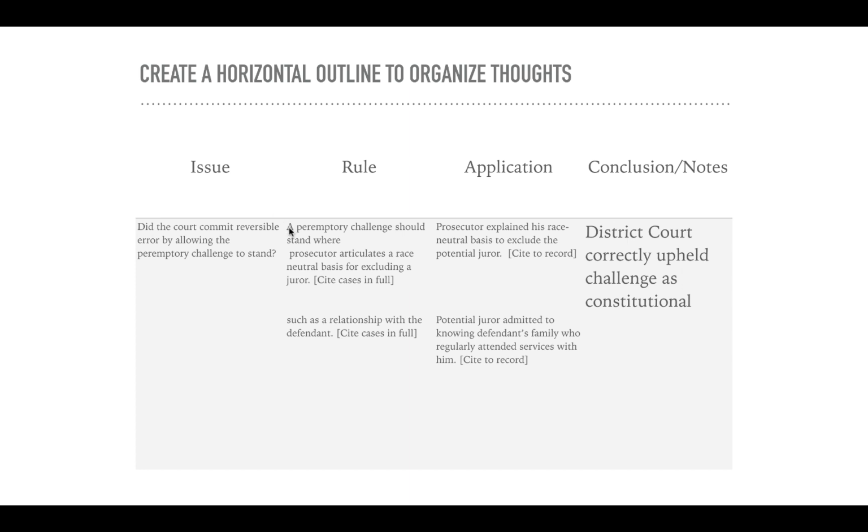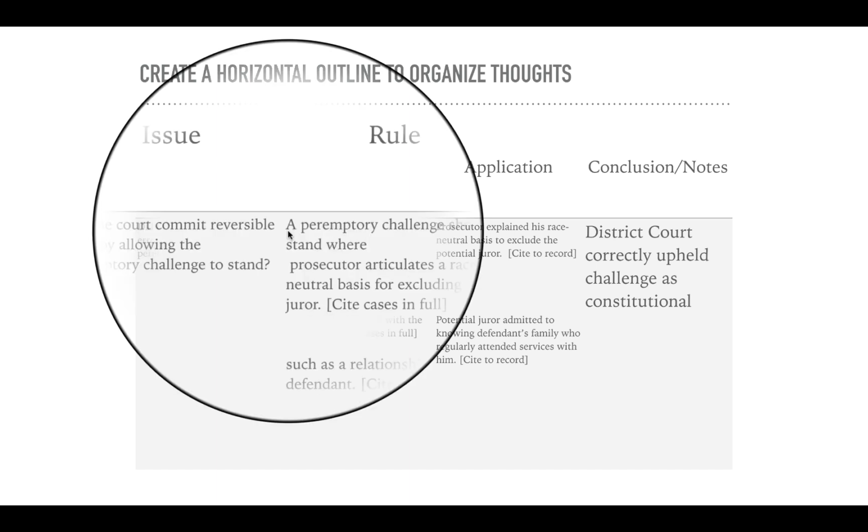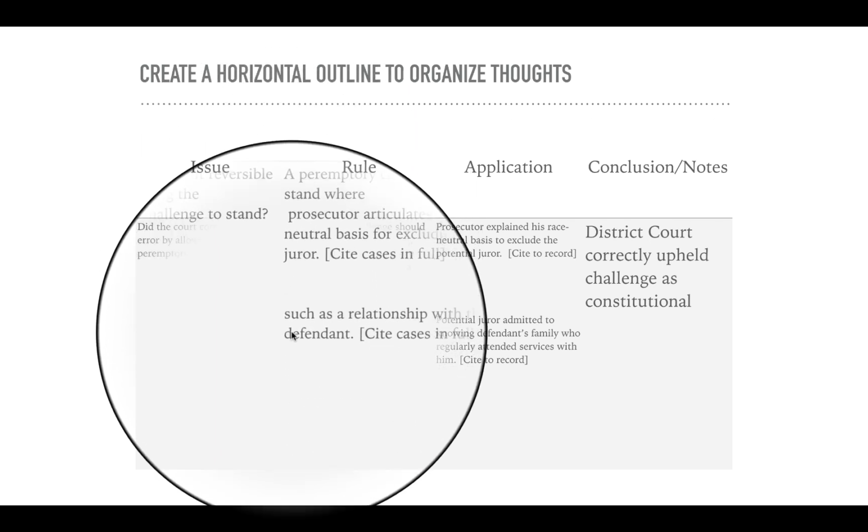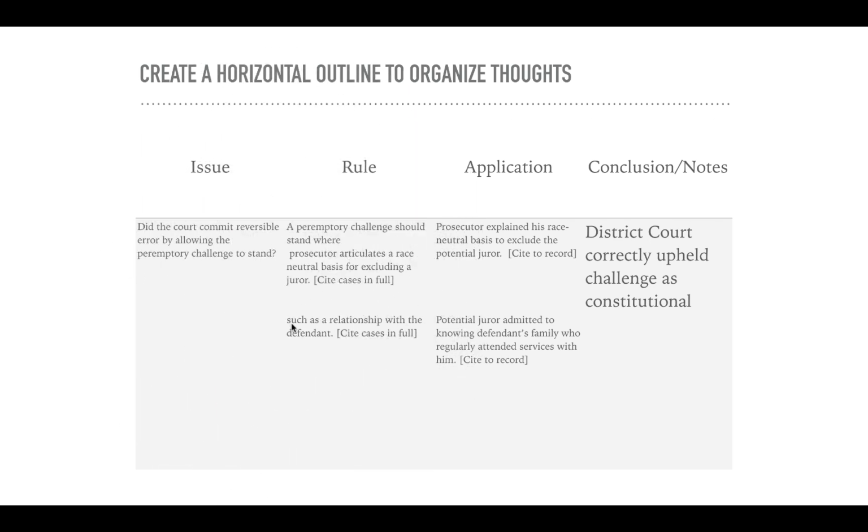Then you want to put down the rule: the peremptory challenge should stand where the prosecutor articulates a race-neutral basis for exclusion, and you might have a second part to this rule where a relationship with the defendant is a race-neutral basis to exclude a juror. And you'll want to have your citations here in full.